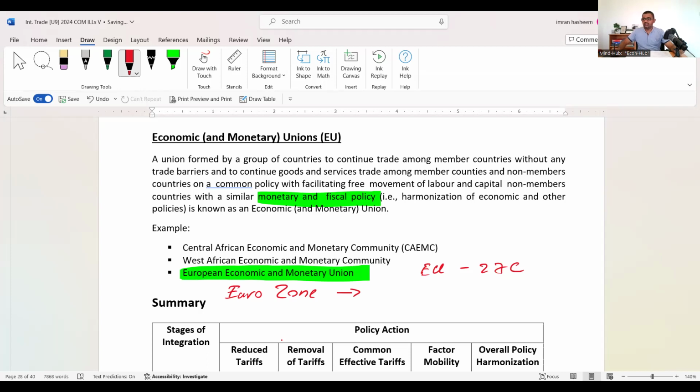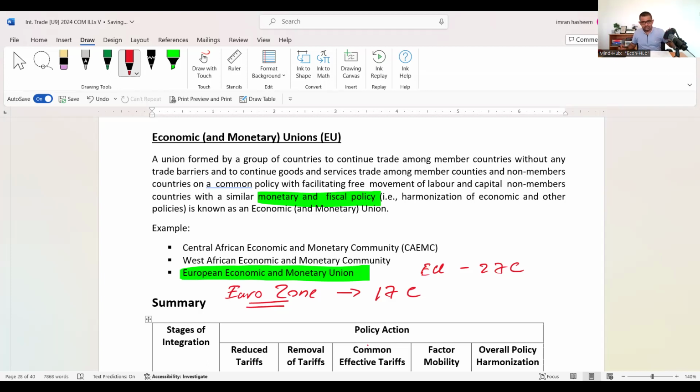No. Out of the 27 countries, only 17 countries use the Euro currency. So countries that use the Euro as a common currency are called the Eurozone. So the Eurozone is within the European Union.